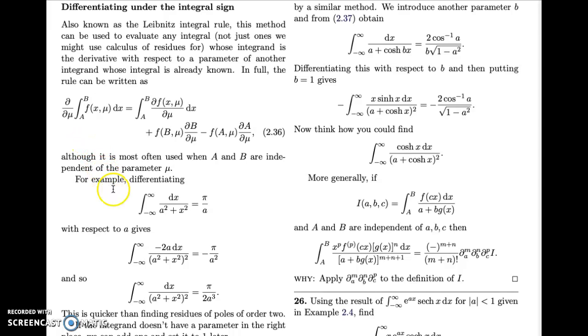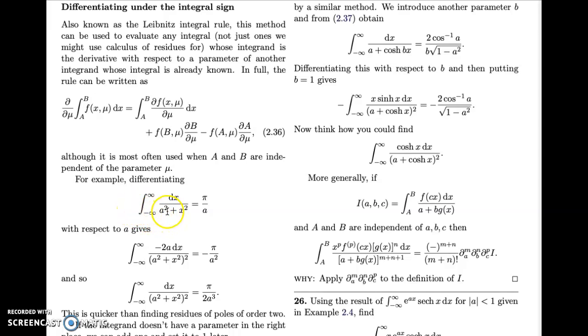So let's look at a very simple example to see how it works. So we've got this famous simple result we mentioned before. But if we differentiate, so we've got a parameter, our parameter in this case is a. If we differentiate with respect to a, then what are we doing?